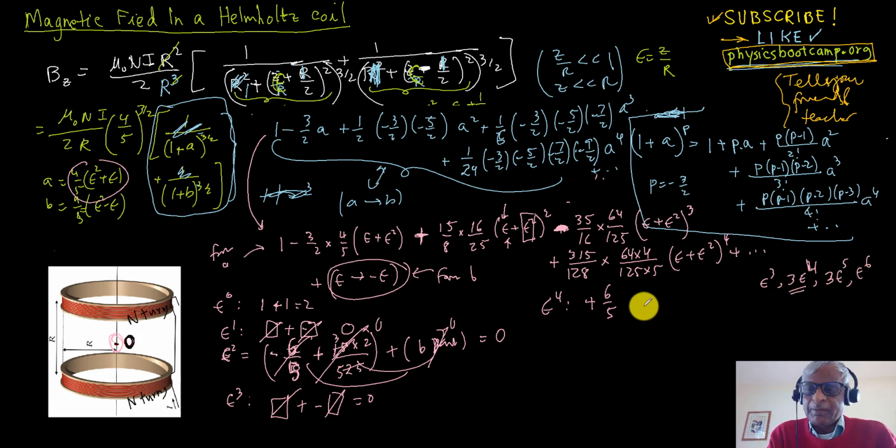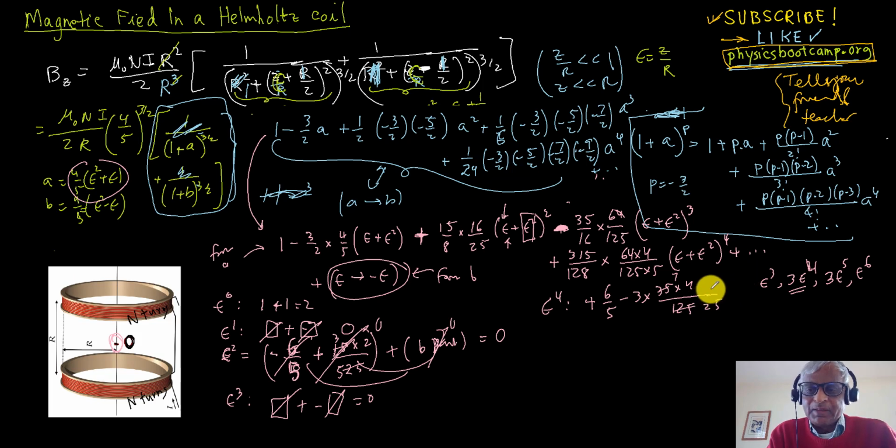So we want this, so it's going to be minus 3 times this stuff over here, 35, and over there is times 4 over 125, 7, 25.